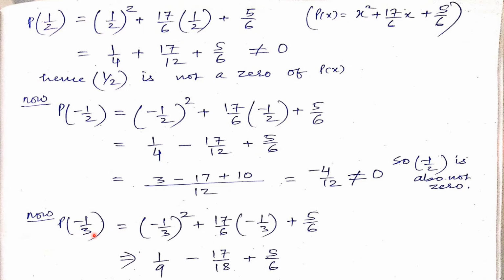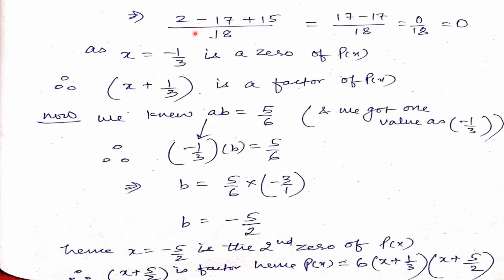So it is better I use my mind, and straight away in my mind I can reject all the positive numbers, because a positive number can never give us 0. That is why I am trying with −1/3. Now see, putting −1/3: (−1/3)² + 17/6 × (−1/3) + 5/6. So we have got 1/9 − 17/18 + 5/6.